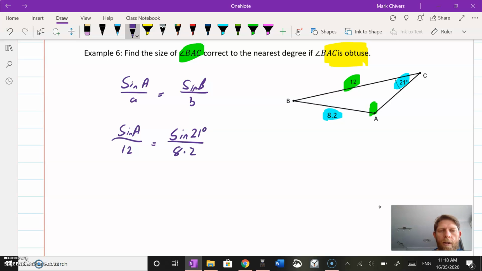Always remembering to keep the thing that we don't know in that top left-hand corner. If we multiply this by 12, that'll get rid of that denominator and simplify things as well. So we'll need to do that to both sides. So our next line is going to look like sine A equals sine 21 degrees on 8.2 times by 12.